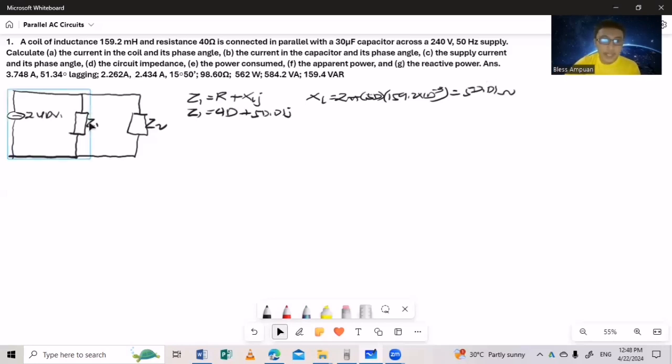Okay. Next, so this is the coil again. Z sub 1 is the coil, which has an inductance of this and resistance. So now next is our Z sub 2. Our Z sub 2 is the capacitor, which is connected in parallel with the coil.